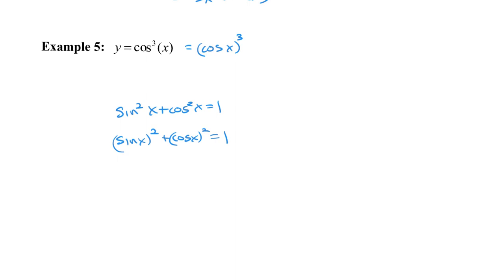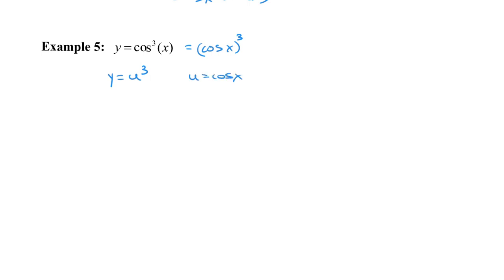All right, with that in mind, we look at this problem. Now the inside function is cosine of x, and the outside function is a cubic, like this thing cubed. So this time we would say y equals u cubed, the cubic function is the outside function, and u equals cosine of x.